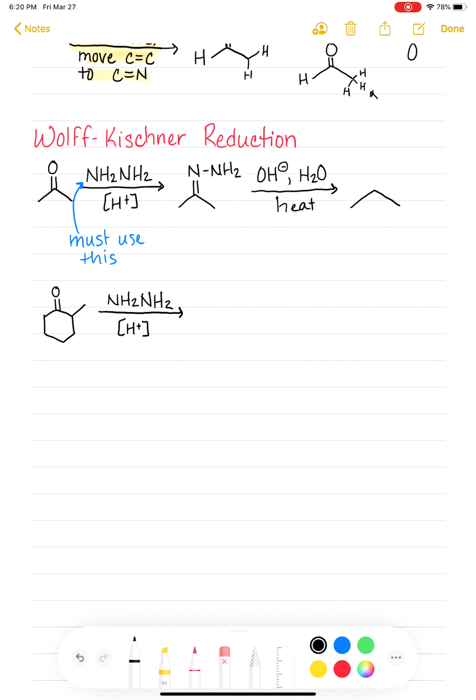But maybe at the very end of a reaction, when you were all the way done with a synthesis and you've got this extra carbonyl group on there that you don't want to have on there, this would be a great way for you to get rid of it. It just slices it off like it was never even there.